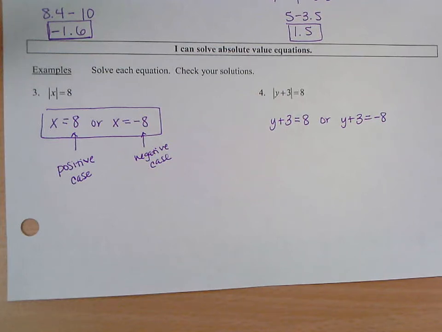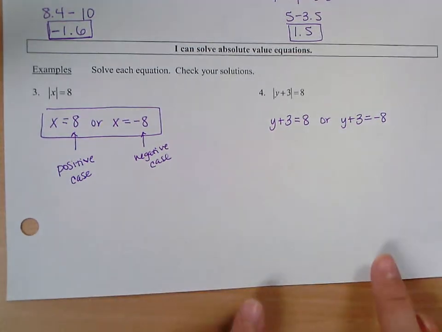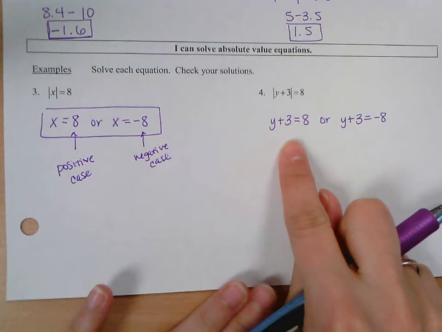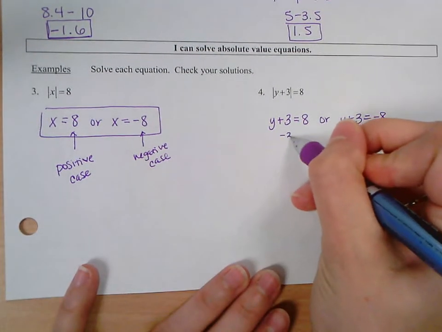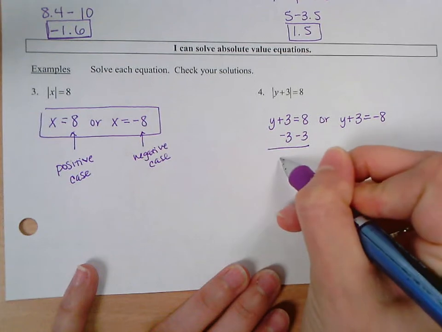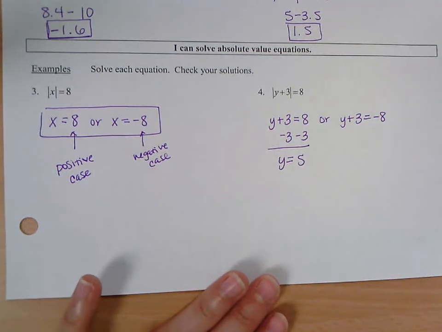So what's in the absolute value bars could equal the positive of the number that follows, or the opposite, the negative. But now for both equations, to solve for y, I need to subtract 3. In the first equation, I'll get y is equal to 5. That's one solution.